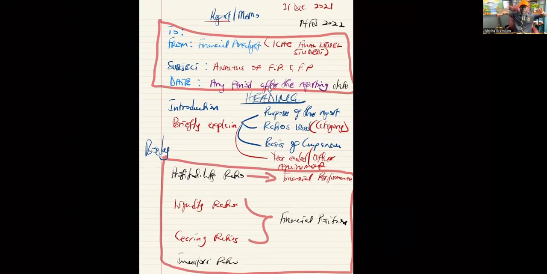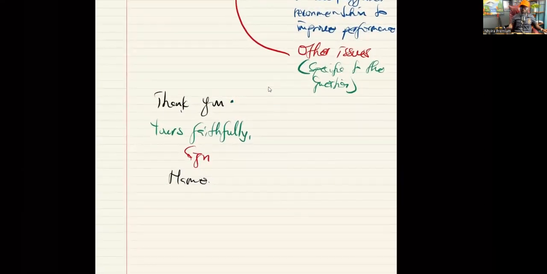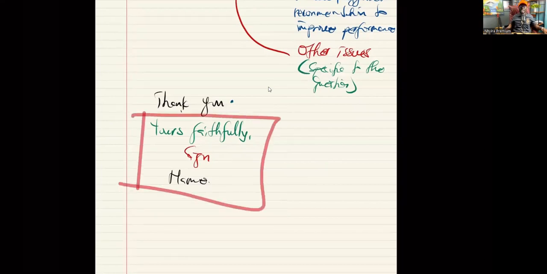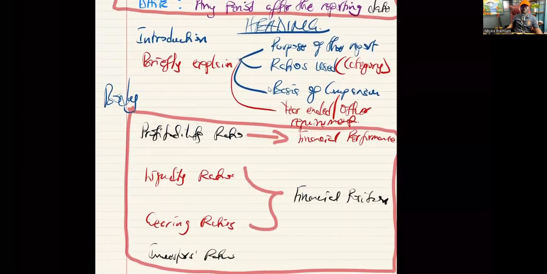But then introduction, everything else will follow in that order. But then because it's just an analysis, you end on thank you. Don't go and add yours faithfully, sign, and the name of the chief accountant of the company. No. You don't include that one. So you just stay with where you are at, and that is okay.